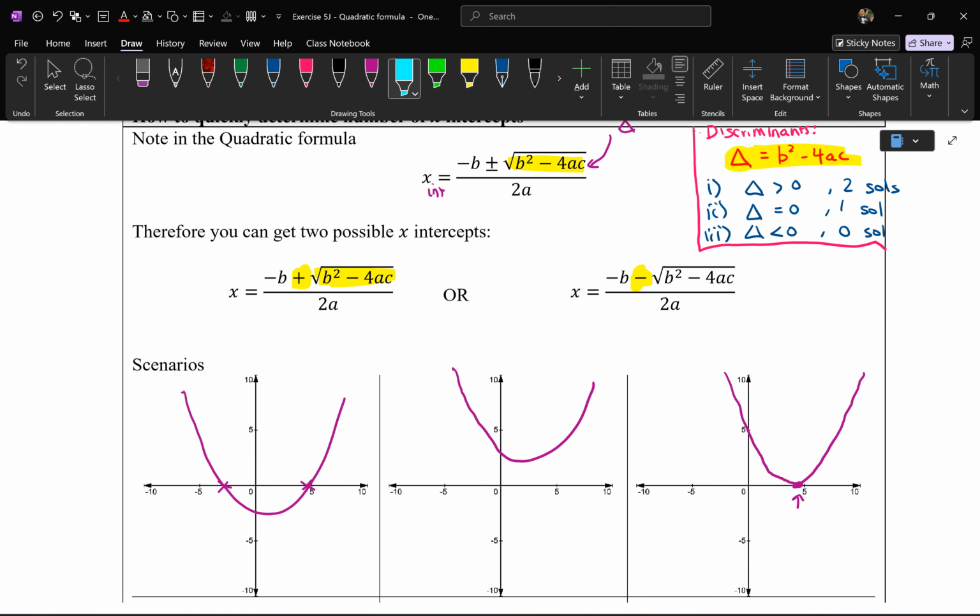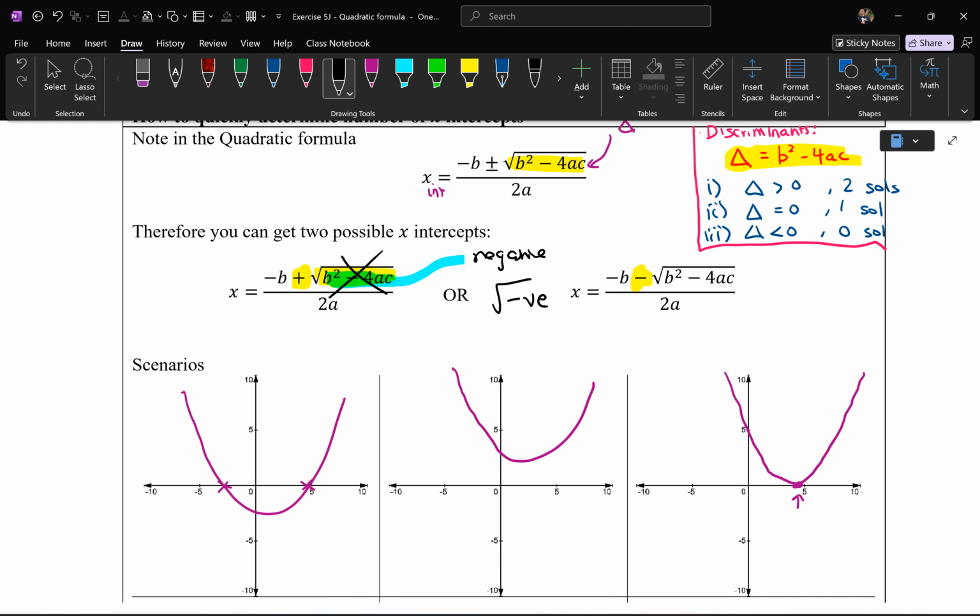This is why, if b squared minus 4ac ends up being a negative number, you can't square root a negative number. If you can't square root a negative number, then you can't add or subtract a number at all, because there is no number for you to figure out. So that means you can't find an x-intercept.